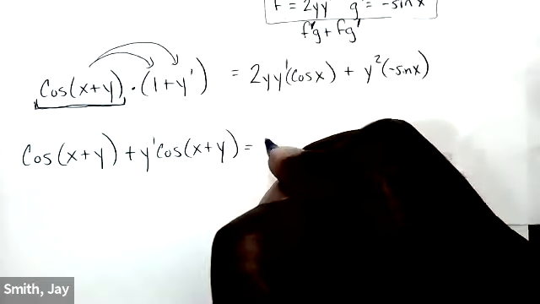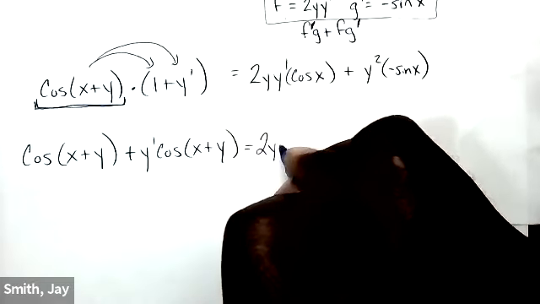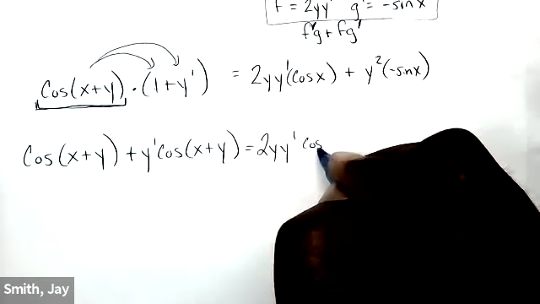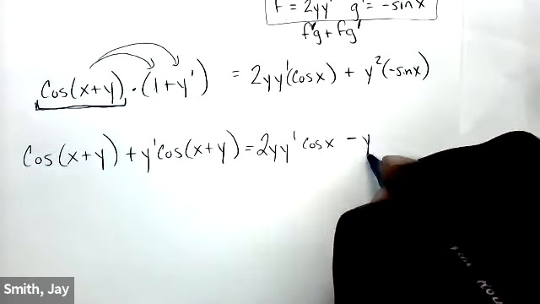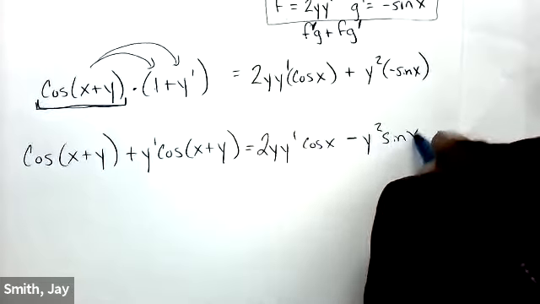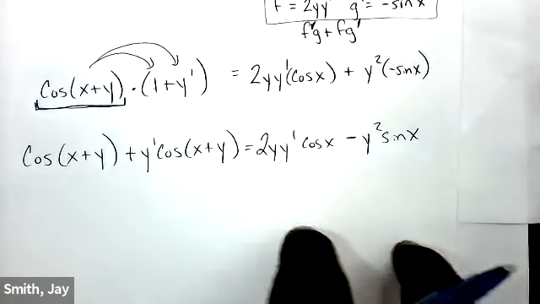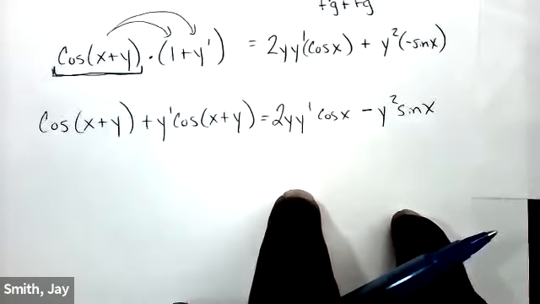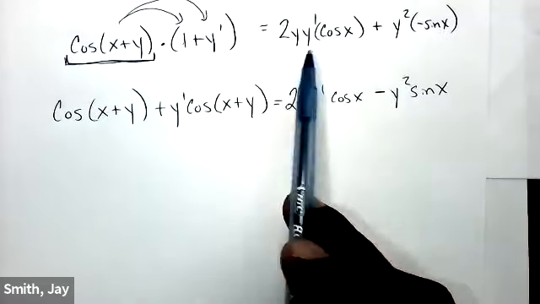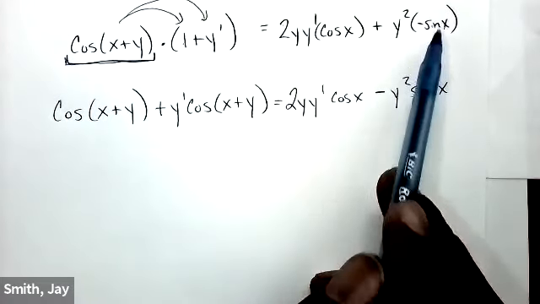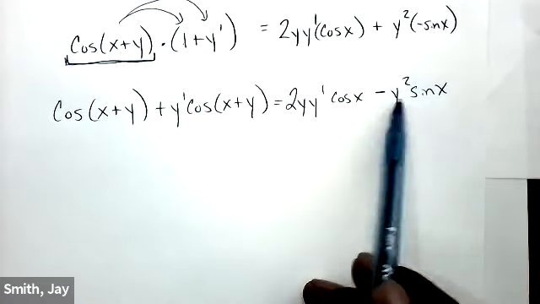And this is equal to 2y y prime cosine x minus y squared sine x. And there we're just multiplying, making sure that we put the coefficients in front of trigonometric values. Here, positive times a negative is going to give me a negative.